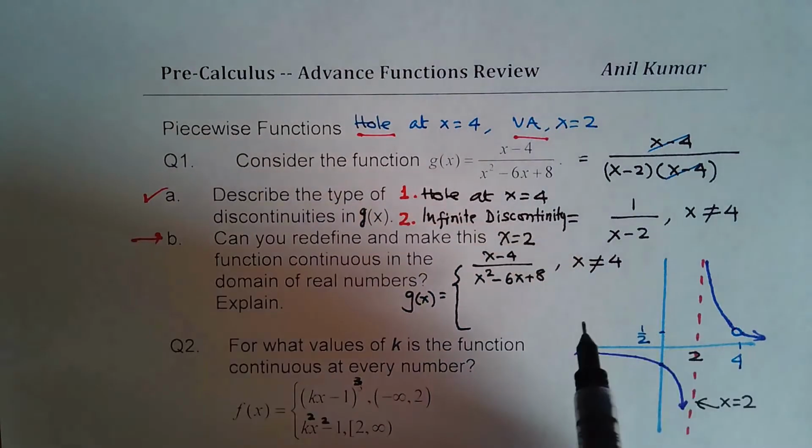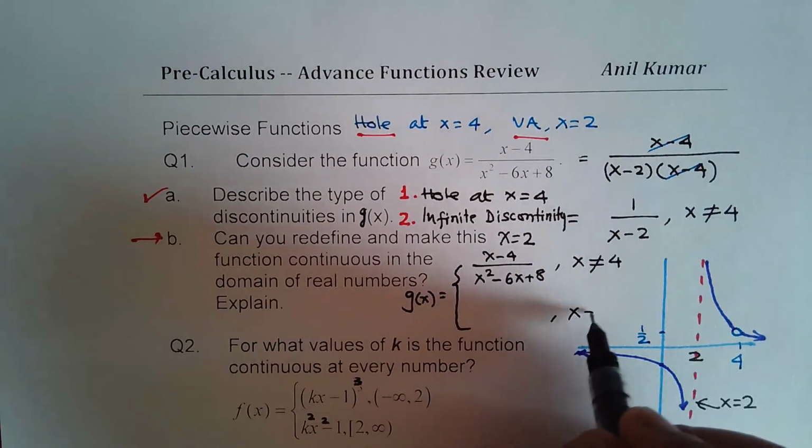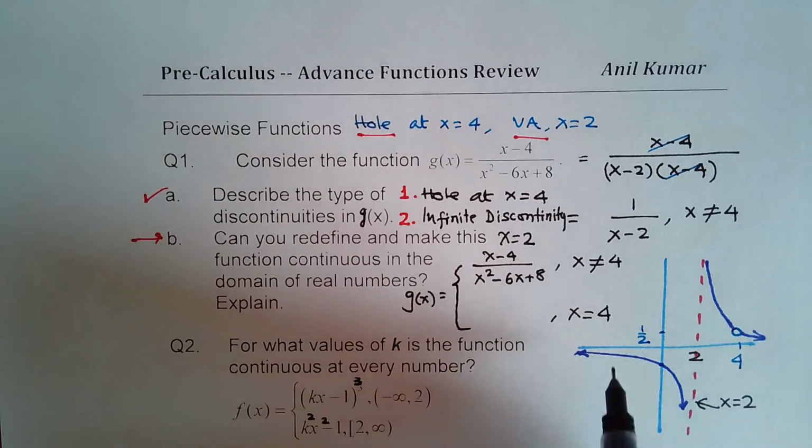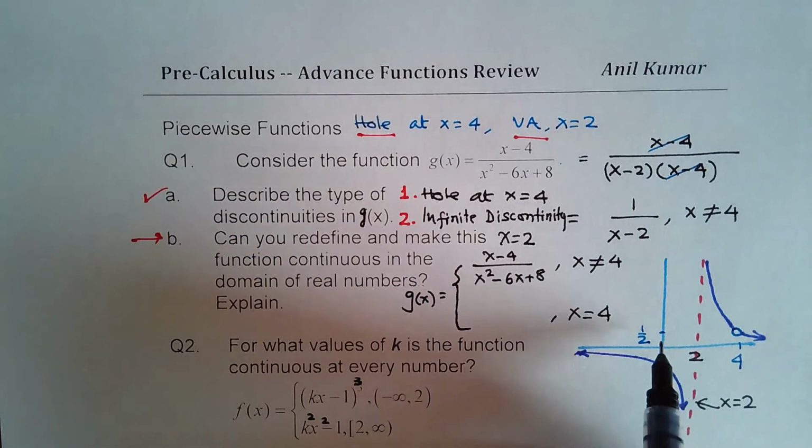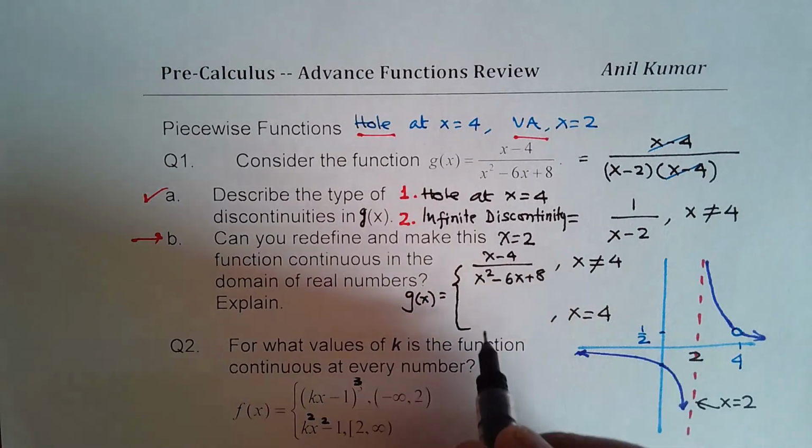But if x equals 4, in that case, we can give the value of the function as half, correct?